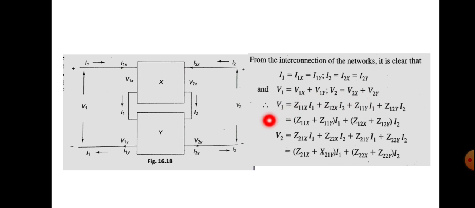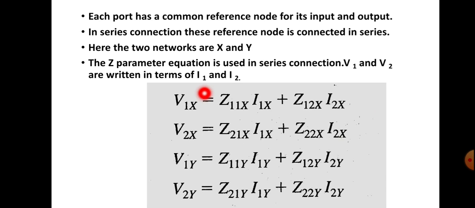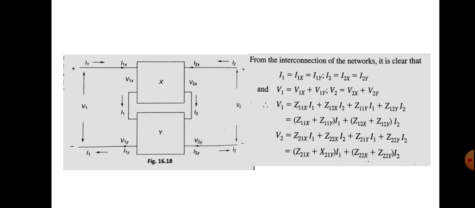If you look at these equations, with V1X, V2X, V1Y and V2Y, you can replace them. V1 can be written as Z11X I1 plus Z12X I2, plus Z11Y I1 plus Z12Y I2.